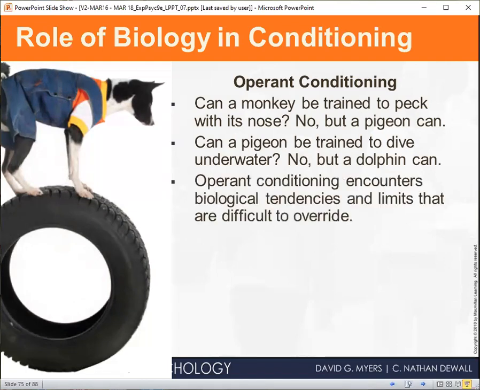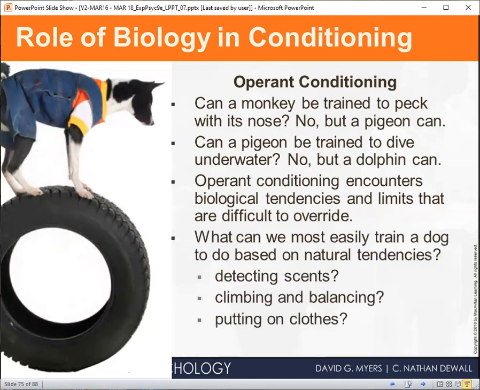So operant conditioning encounters biological tendencies and limits that are difficult to override. When training an animal using operant conditioning, you have to have something to work with, something that you can shape and mold. If it's totally opposite of their natural tendencies, it's very unlikely that you'll be able to successfully condition them to do something totally at odds with what type of creature they are. So what can we most easily train a dog to do?